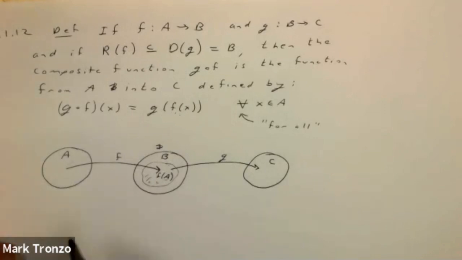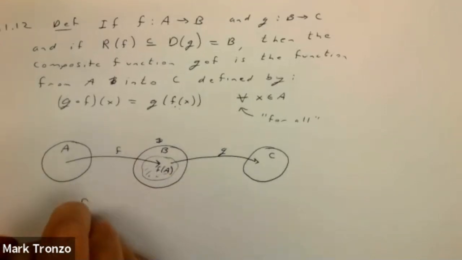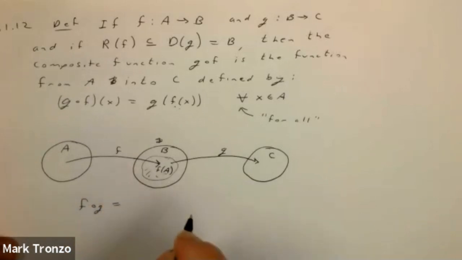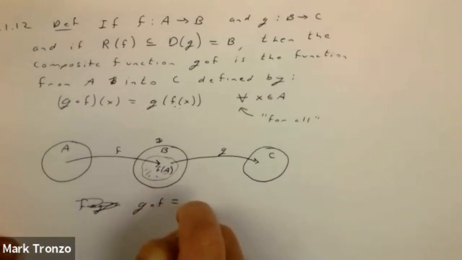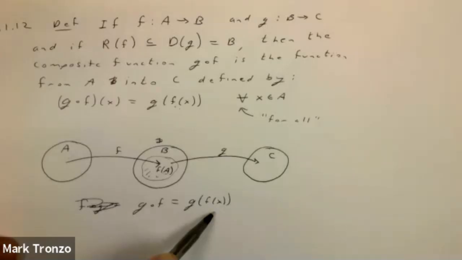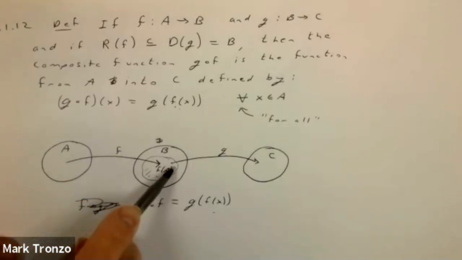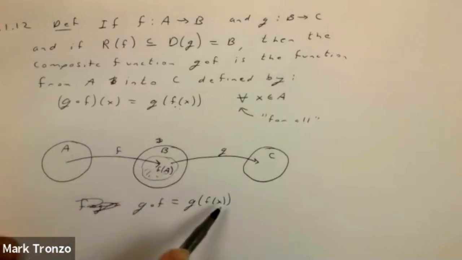So therefore, if you take the composite, I actually wrote that wrong. g circle f is going to take something from, so we're putting values of x into the function f, getting something out here, and then putting those values into g.